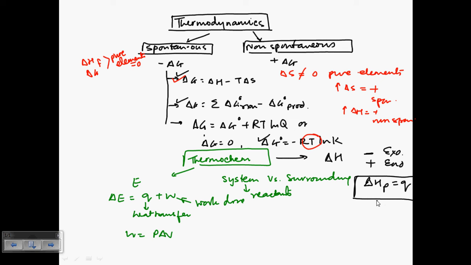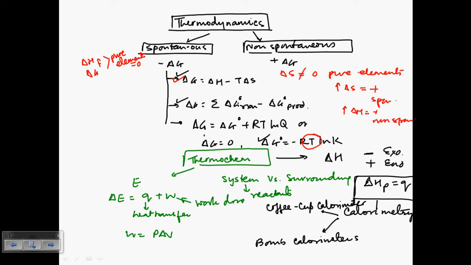And we measure heat transfer by using calorimetry. And calorimetry is of two types: coffee cup calorimeter, and that is called constant pressure calorimeter, or second type is bomb calorimeter. And the equations here are different.